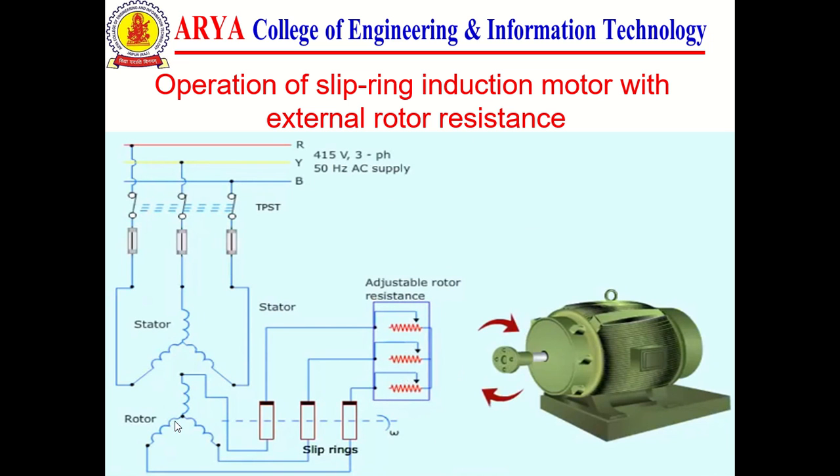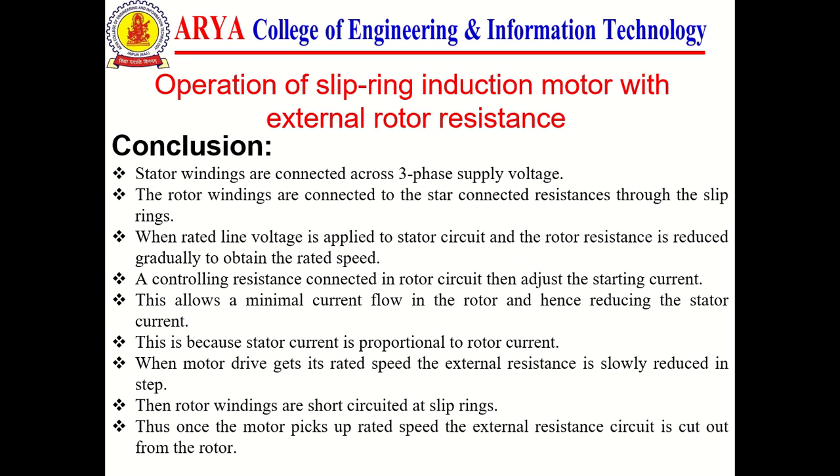So the rotor winding of the slip ring induction motor is short circuited when the motor gets rated speed. Thus, once the motor picks up rated speed, the external resistance circuit is cut out from the rotor.